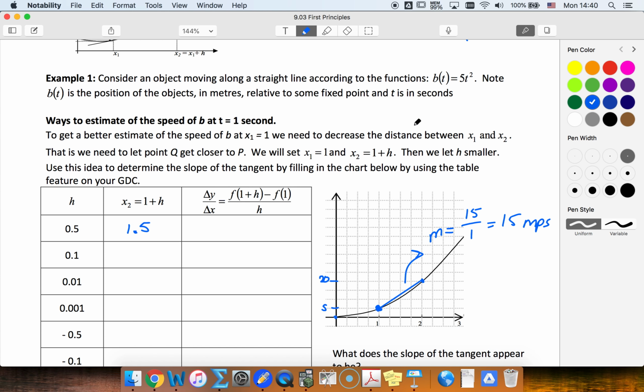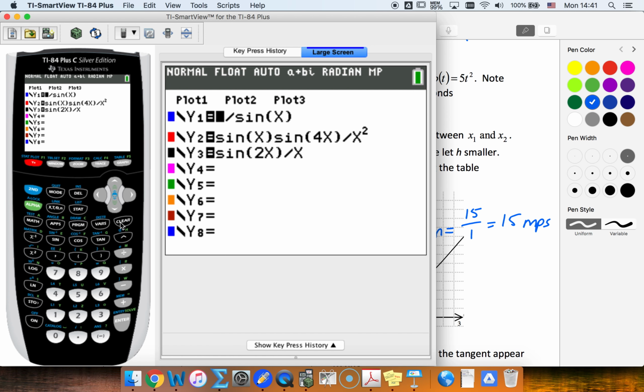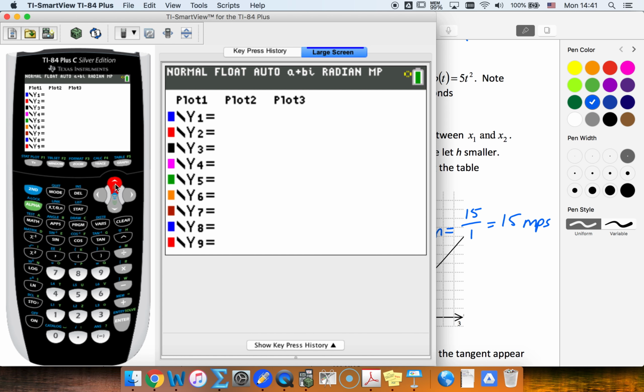And now if I plug in 1.5 to my function, let's make it easy on ourselves and clear all this out. So we've got 5x squared.